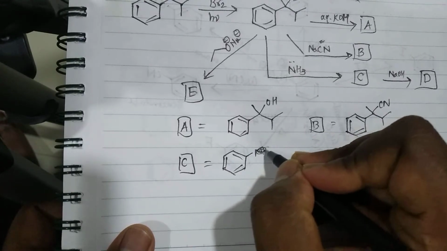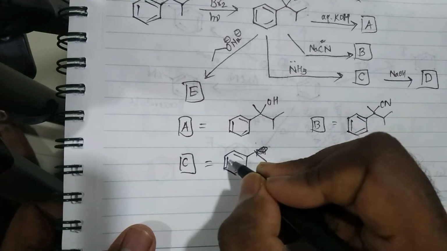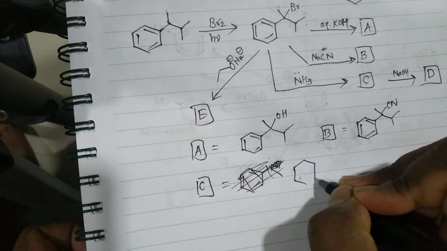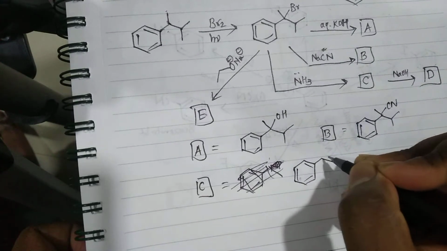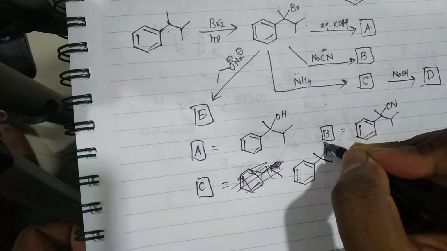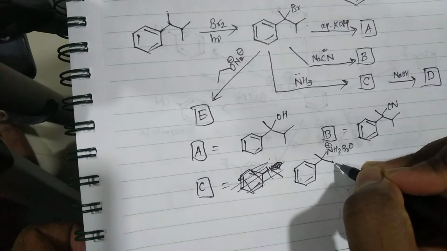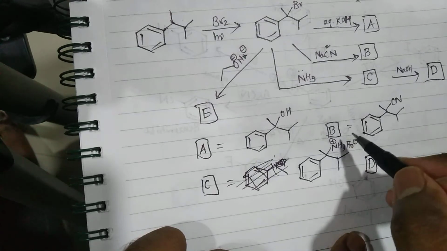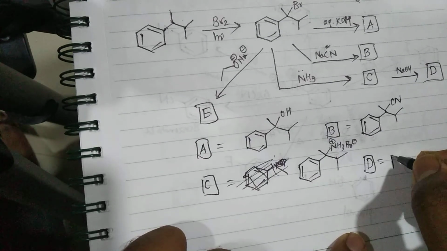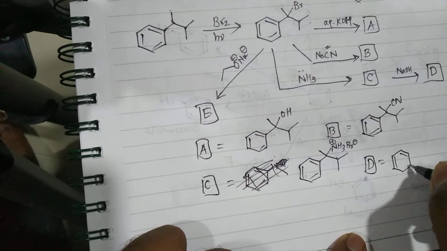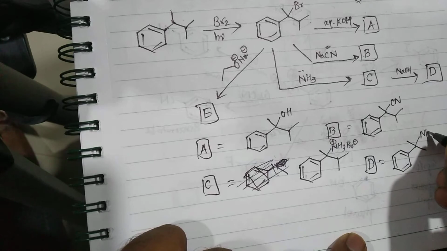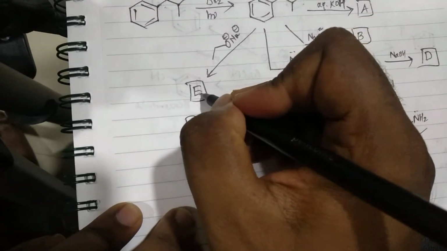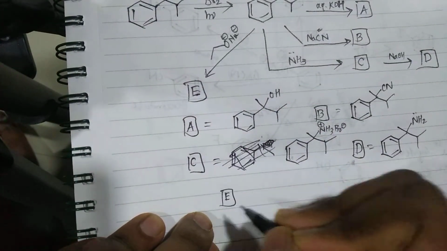Sorry, I'm really sorry, I made a mistake. NH3 plus, Br minus will be along with it as a counter ion. Okay, D is simply going to be where one hydrogen is knocked out from that NH3. So you have a benzyl ammonium compound, and E, that is this one, will look something like this.